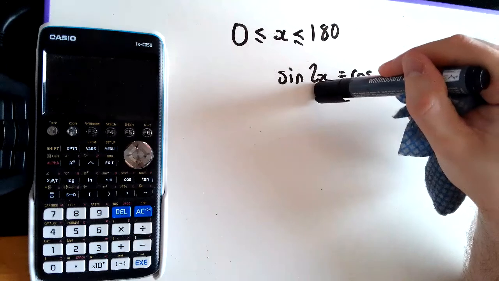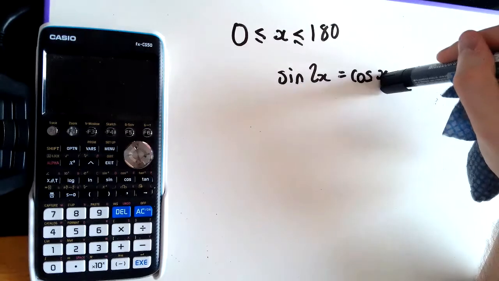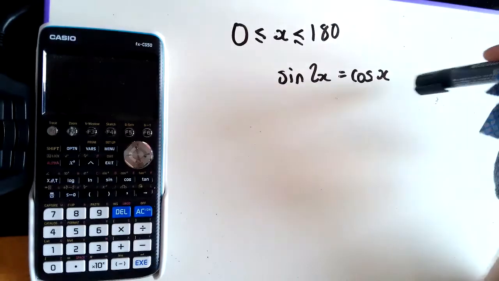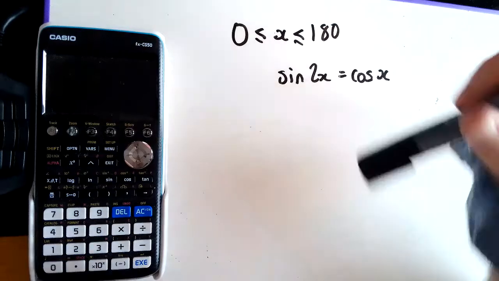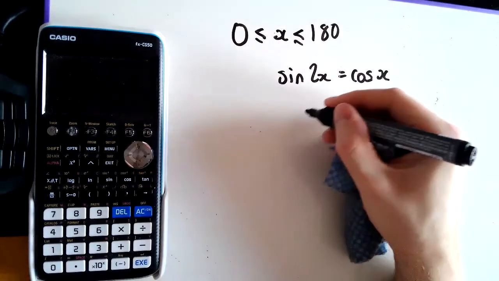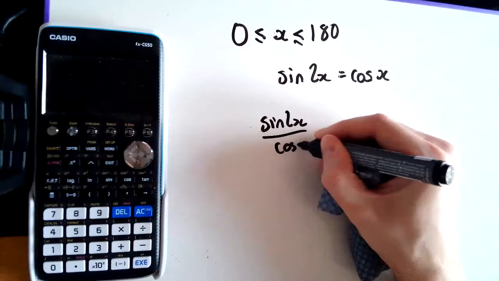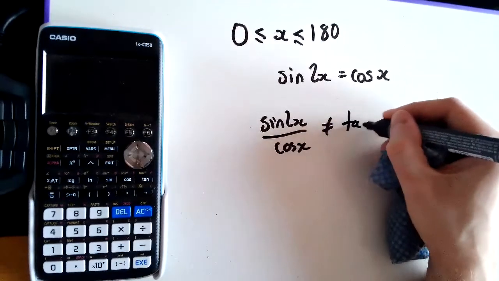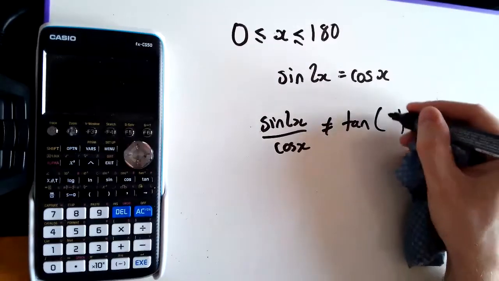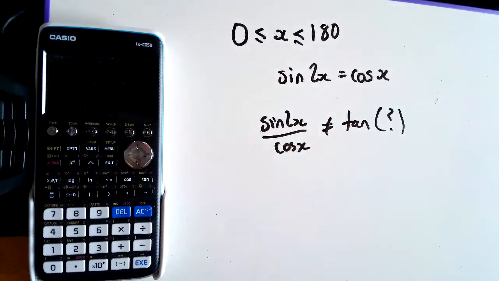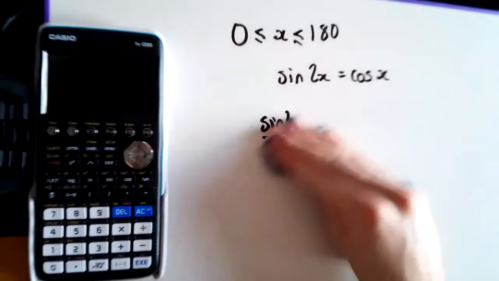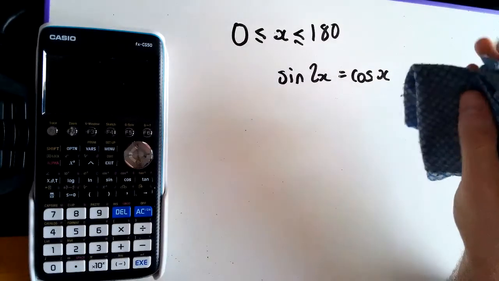If y was 2x, then x would be y over 2. So again, the angles would still be different. I can't divide by cos because sine 2x over cos x doesn't equal tan of anything. Like nothing there makes sense. So we need a new formula to help us do that.